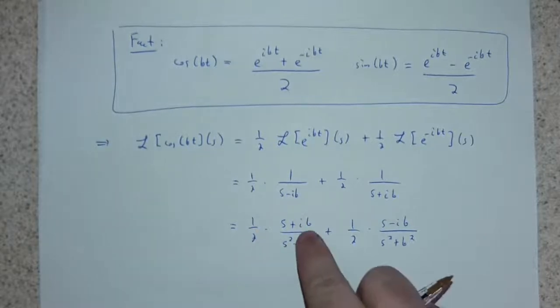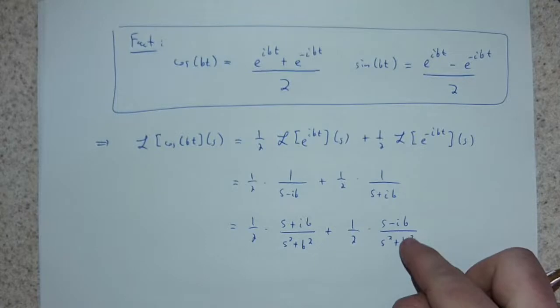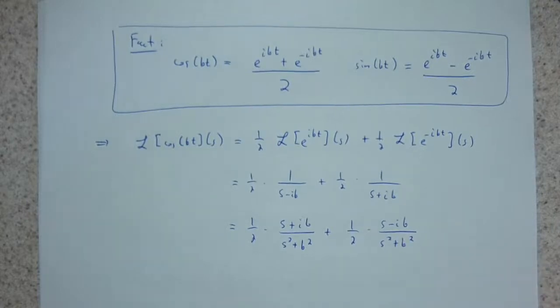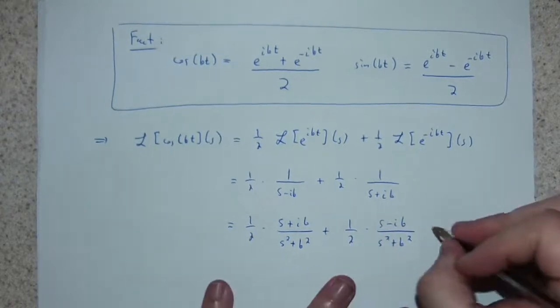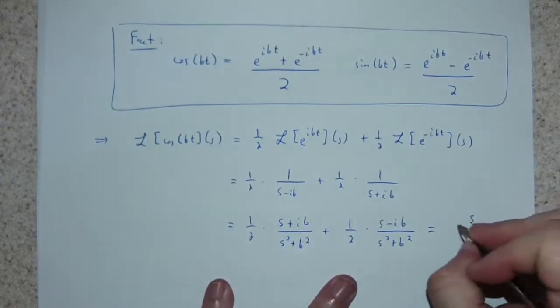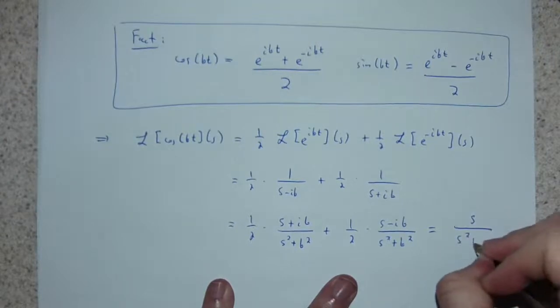So the ib over s squared plus b squared cancels out with the minus ib over s squared plus b squared, and I'm left with 1/2 s over s squared plus b squared plus 1/2 s over s squared plus b squared. So this is s over s squared plus b squared.